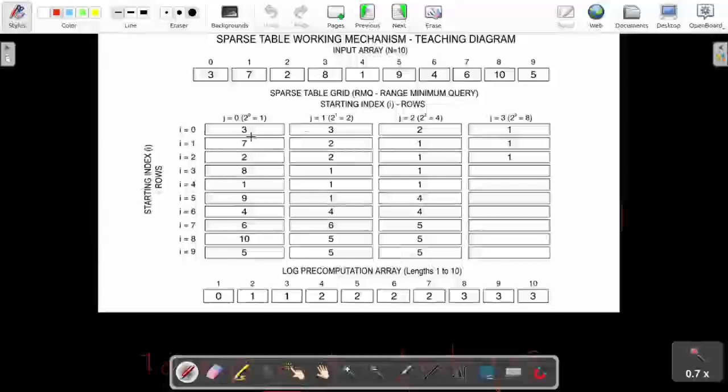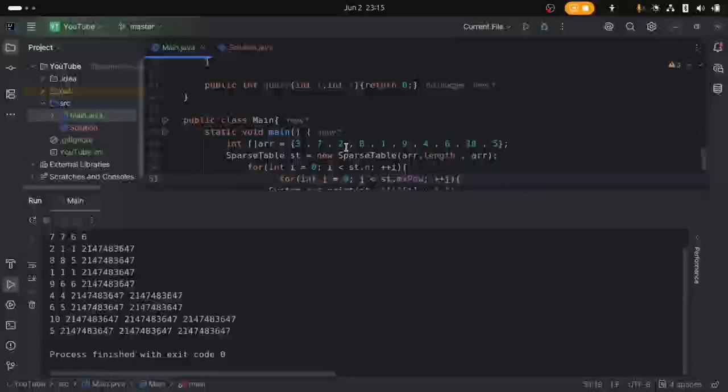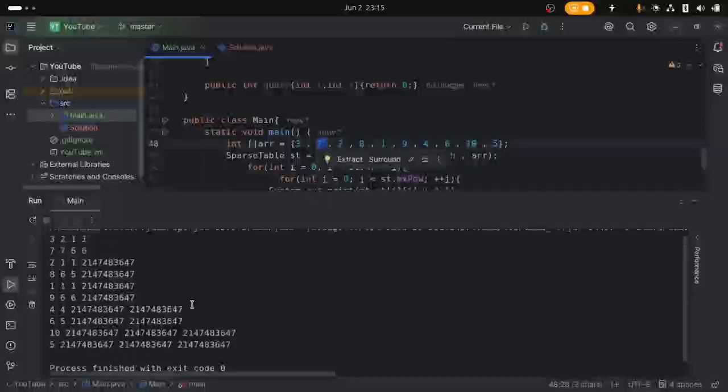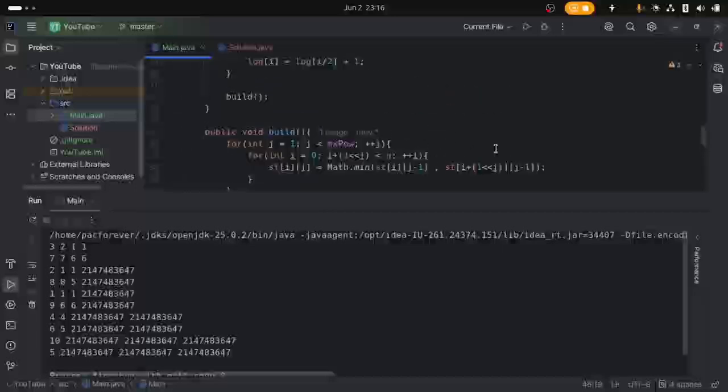Now you can see we got the same output, 3321, 7211, but we got 7766. So for length 1 it is 7, for length 2 it should be 2. There's something wrong.